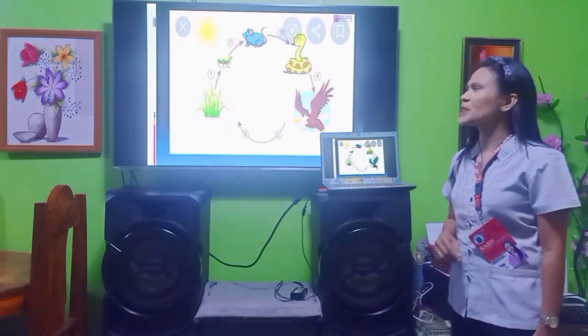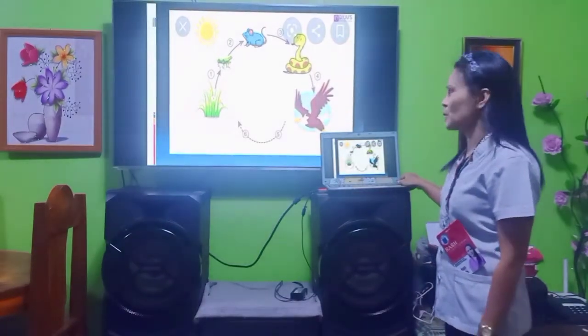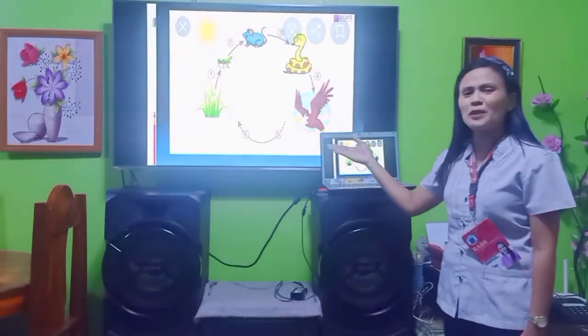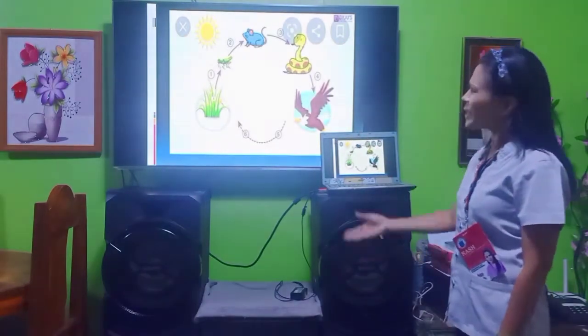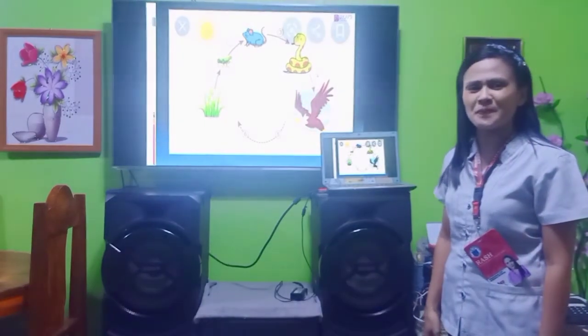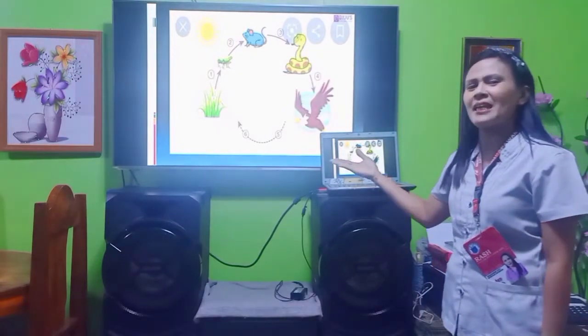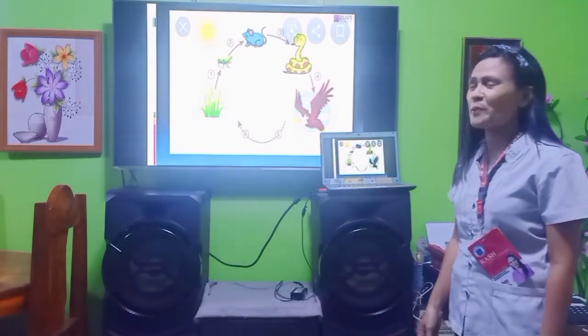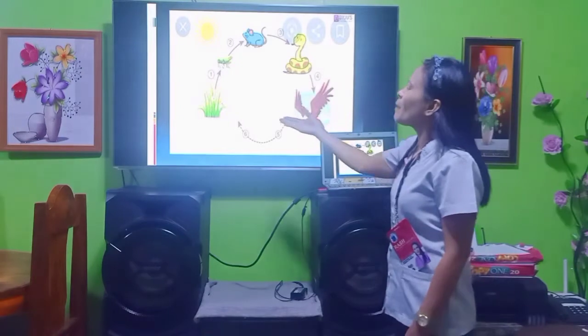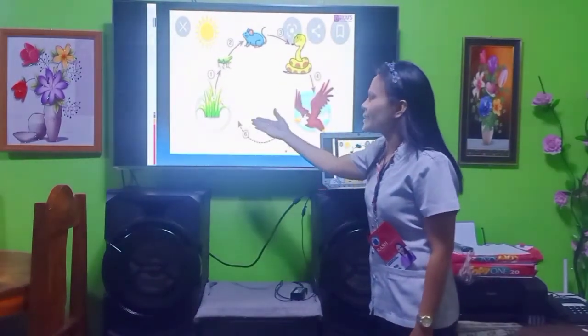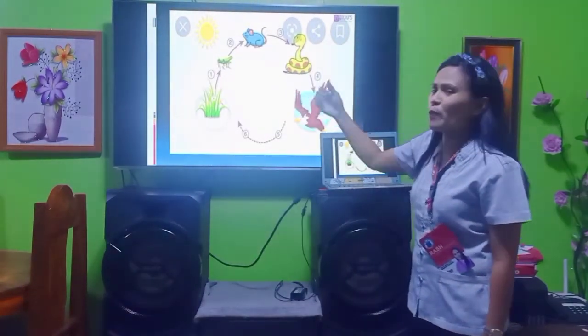Now let us proceed to the next lesson for this afternoon. But before that, allow me first to present to you a picture. What can you see in this particular picture? When you say you can see an example of a food chain, you are correct. So in here, what is being presented is a grass that can be food for a grasshopper.